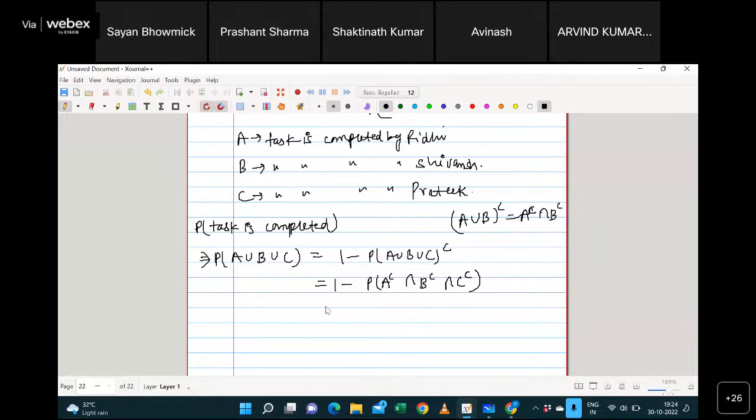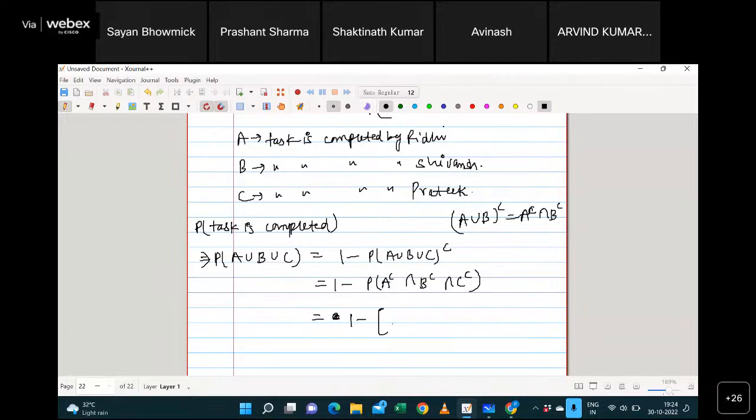Yes, sir. Since these are three different persons and we have been given the probability for completing the task individually, right? There is no dependency between Riddhi, Shivans and Pratik. Correct? So if A, B and C are independent, then A complement, B complement and C complement will also be independent.